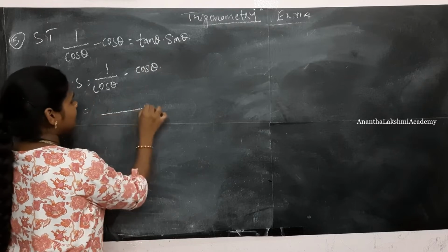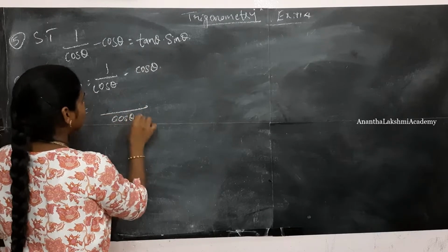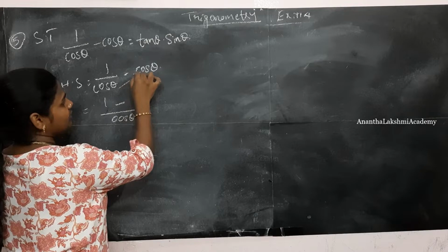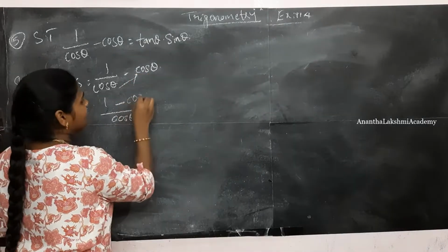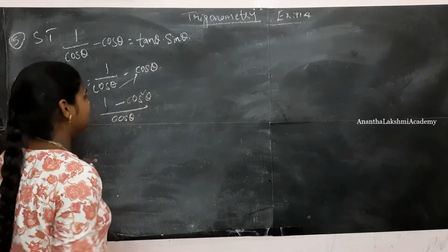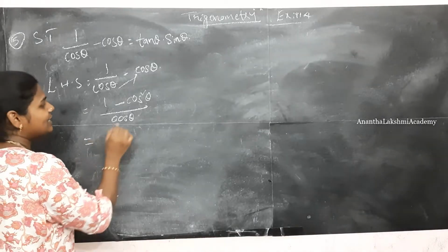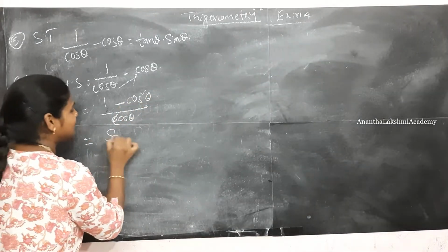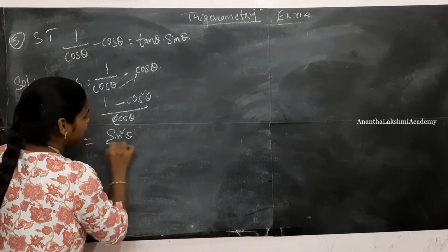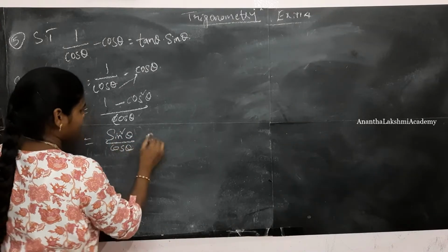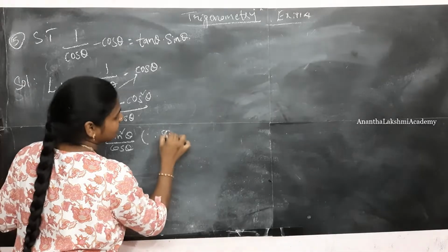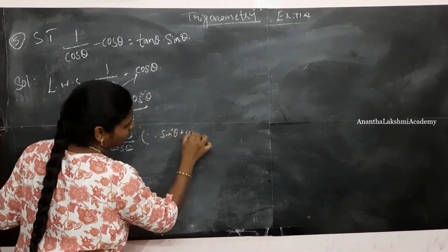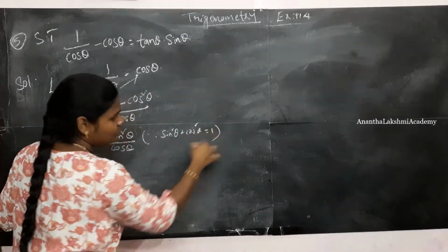If I take the LCM, this is going to be cos theta in the denominator, 1 minus cos square theta, by cos theta. Here comes the trigonometric identity: 1 minus cos square theta is nothing but sine square theta, by cos theta.